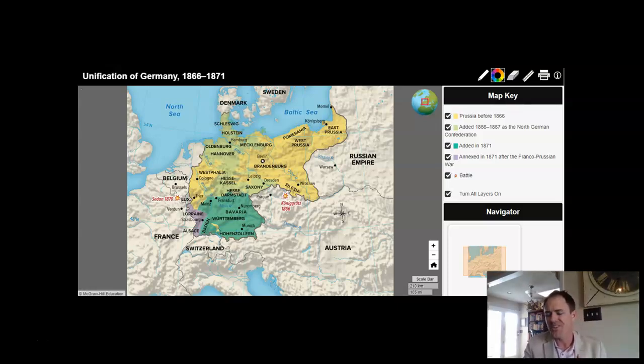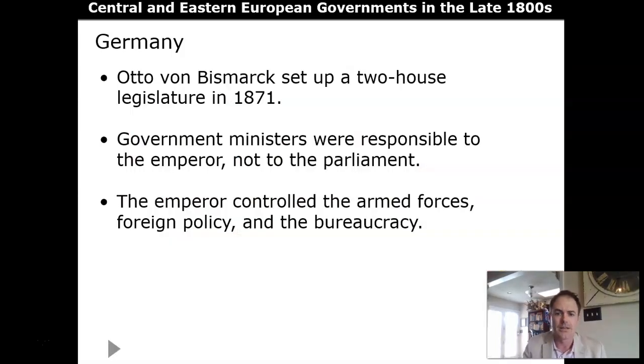And what this does to the rest of Europe is it makes them really fearful of a powerful Germany, because with the additions of these territories and with their industrial resources, Germany is poised to become the most powerful country in Europe. And it's run almost like a military dictatorship. The emperor really controlled the armed forces, the foreign policy, and the bureaucracy. Even though it was democratic, it was very militaristic and very authoritarian.